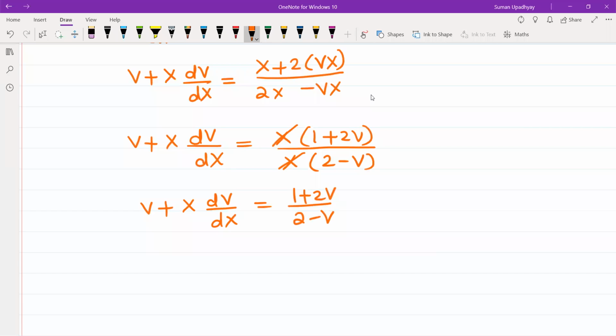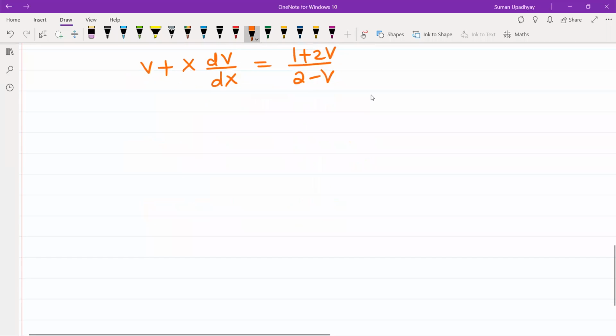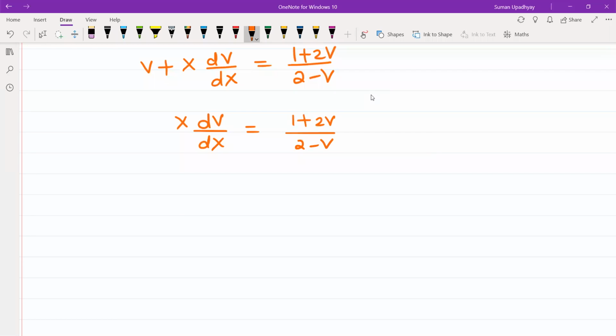Tell me what is to be done next. V terms on one side and X terms on the other side. Yes, now I will take this V to the other side. So I will get X dV by dX is equal to (1 plus 2V) upon (2 minus V), and this plus V will come over here, it will become minus V. So I got X dV by dX is equal to, solve it.